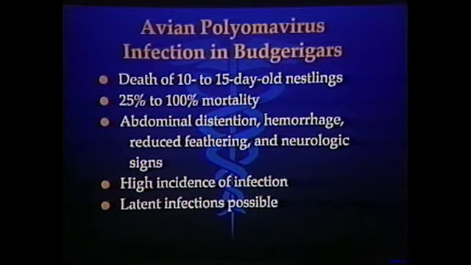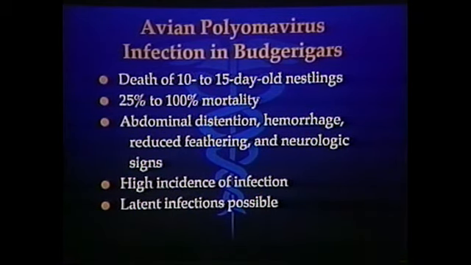Avian polyomavirus infection in budgerigars usually causes the death of nestlings when they are approximately 10 days to 2 weeks of age. Mortality may vary between 25% and 100%. Affected nestlings usually exhibit abdominal distension, multiple subcutaneous hemorrhages, and in addition may have reduced or delayed feathering, and in some individuals an intention tremor or other neurologic signs.